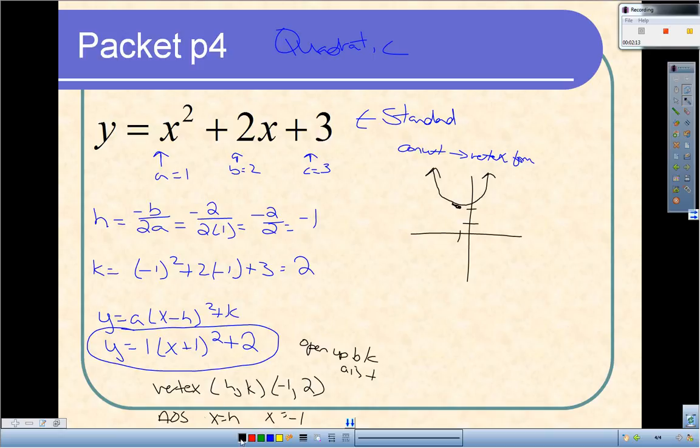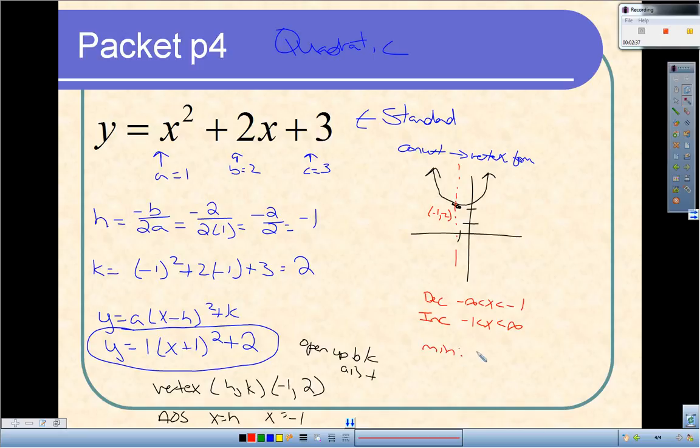Alright, so now I can even do some more things about it. Since there's my axis of symmetry, and there's my vertex at negative 1, 2. So first of all, I notice that my graph is decreasing from negative infinity to negative 1, and then my graph is increasing from negative 1 to infinity. I also know that there's a minimum.